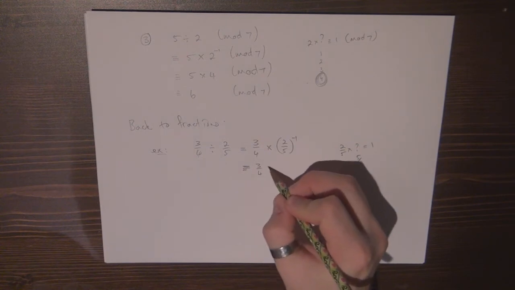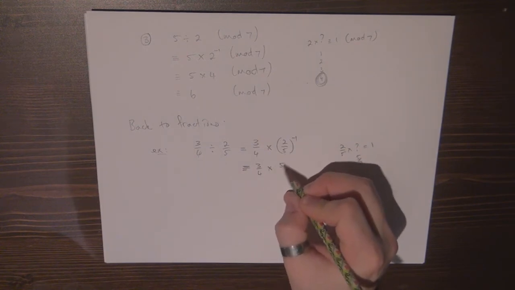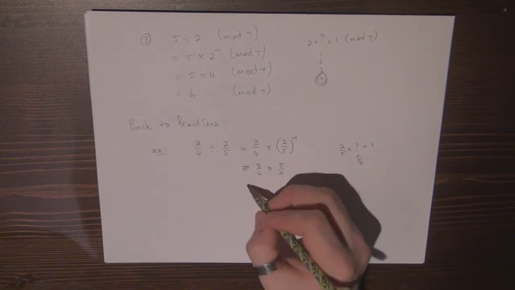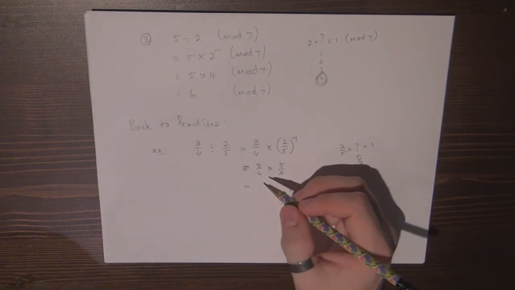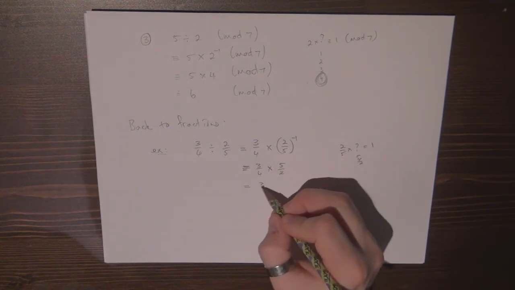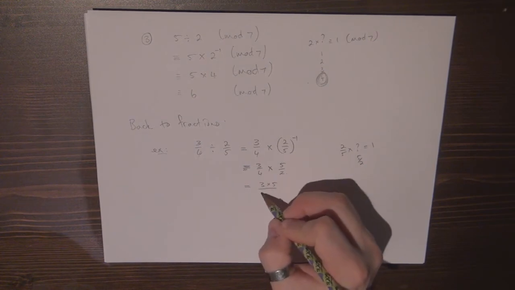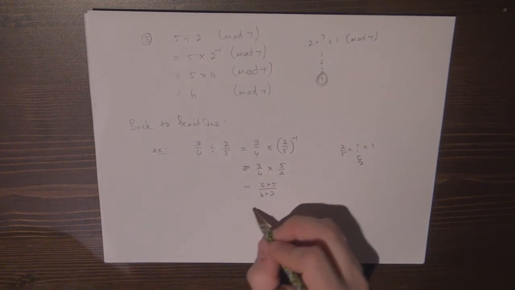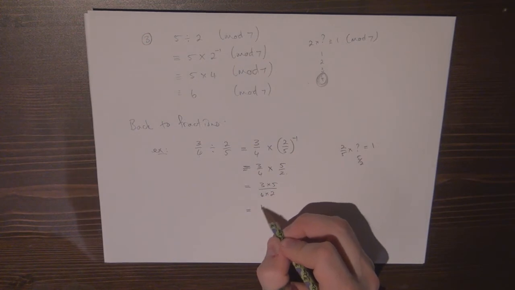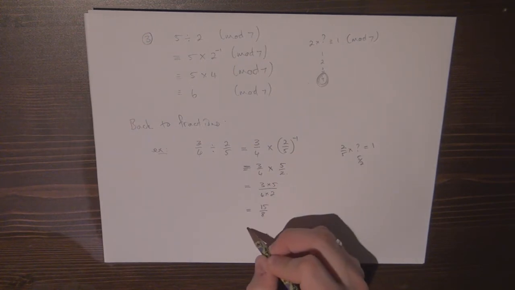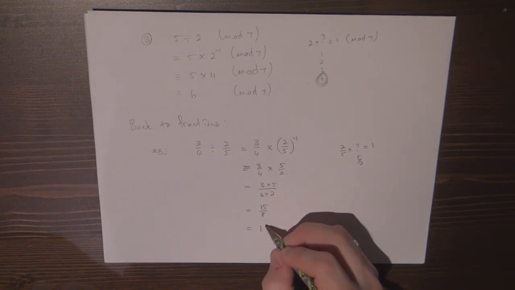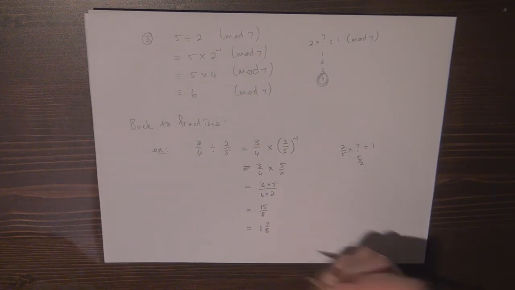So the multiplicative inverse of 2 over 5 is 5 over 2. Multiplication is much easier than division, it's simply 3 times 5 over 4 times 2. And I can simplify that as 15 over 8, or if you want, 1 and 7/8.